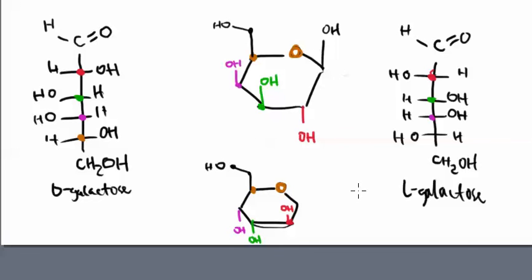Now they want the beta form, and in the alpha and the beta mess, we always said that alpha kind of points down and beta kind of points up. So the same thing kind of happens here. We need the beta form, and that's what we draw. So those are some examples of how to draw these Haworth projections. Very similar to some of the homework and quiz and test questions that you'll see, but there you go.